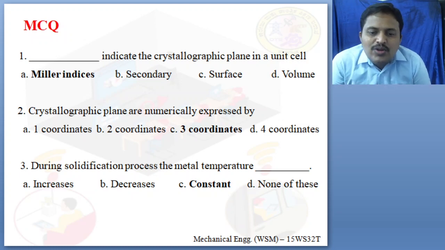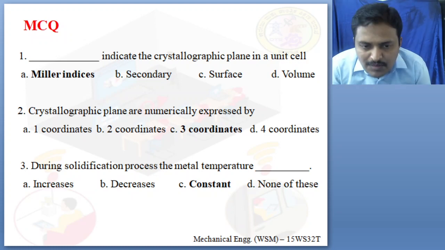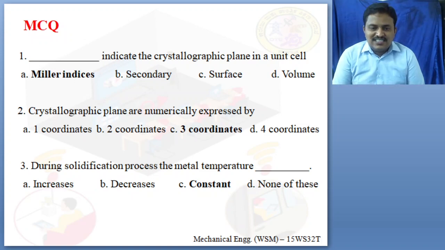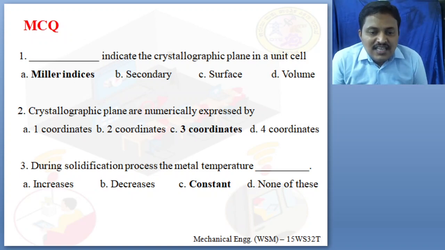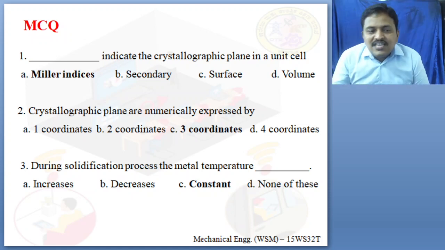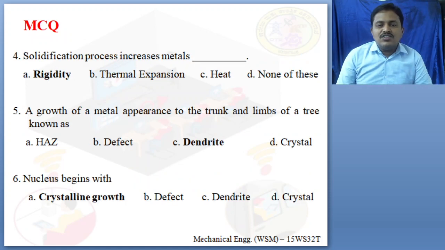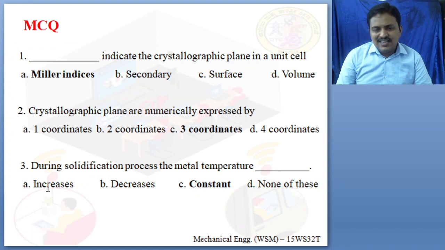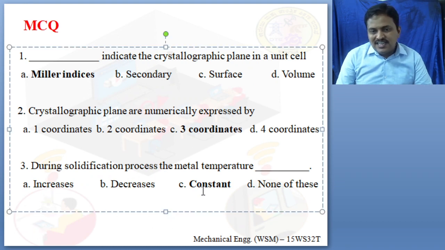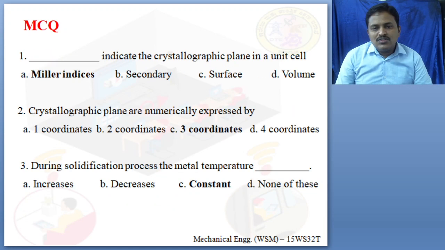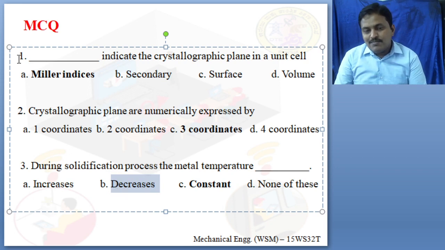Third question, during the solidification process, the metal temperature dash: increases, decreases, constant, none of these. What is the answer for this? What is the solidification process? Solidification process means the process of decrease in temperature.